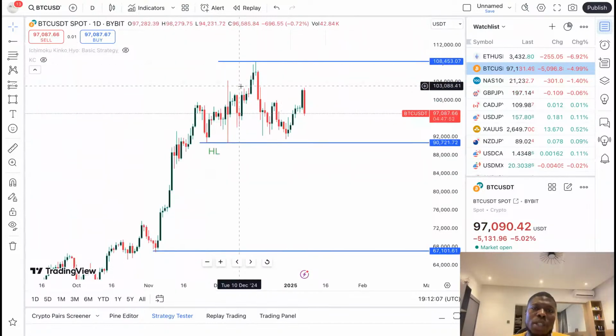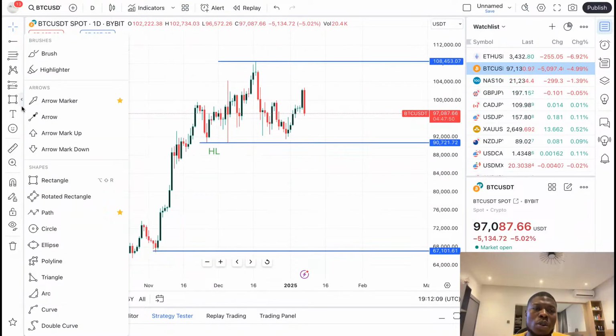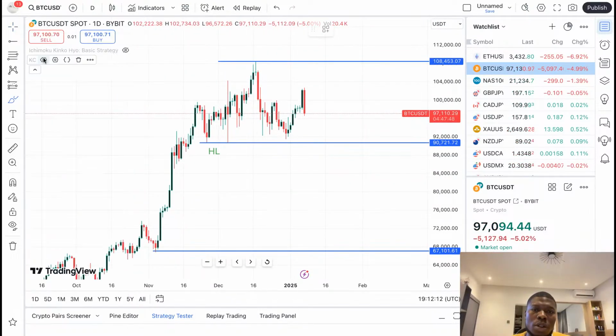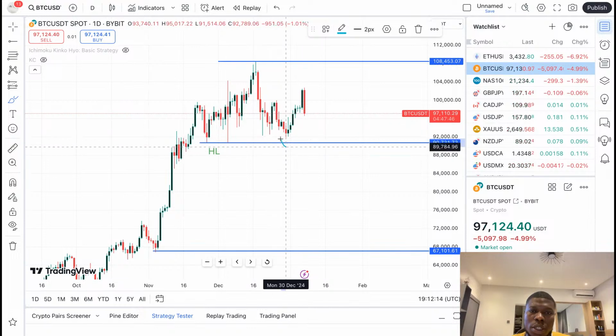This is an uptrend until Bitcoin goes below this region, this 90,721. If Bitcoin makes a low here, that means Bitcoin will enter ranging. For now, Bitcoin is in an uptrend on 1 day.